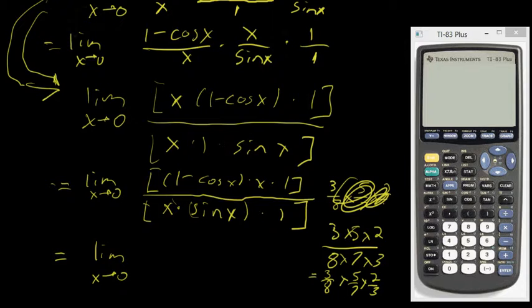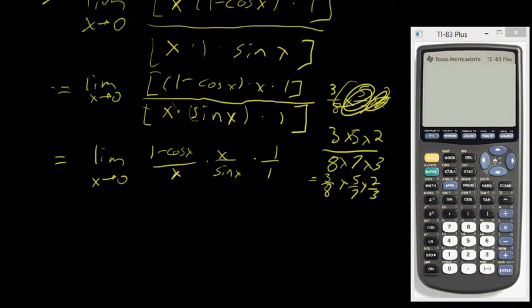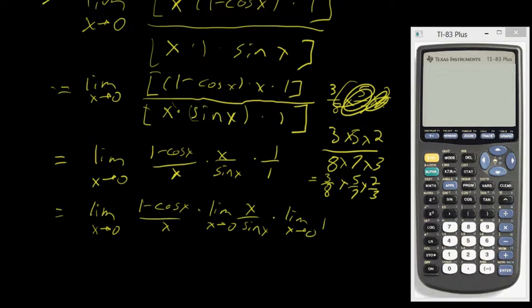This 1 minus cosine of x, I'm just going to put it over x. X, we're going to put it over sine x. This 1, we're going to put it over 1. And this limit of a product is the product of the limits. So this is the limit as x tends to 0 of 1 minus cosine of x over x times the limit as x tends to 0 of x over sine x times the limit as x tends to 0 of 1.